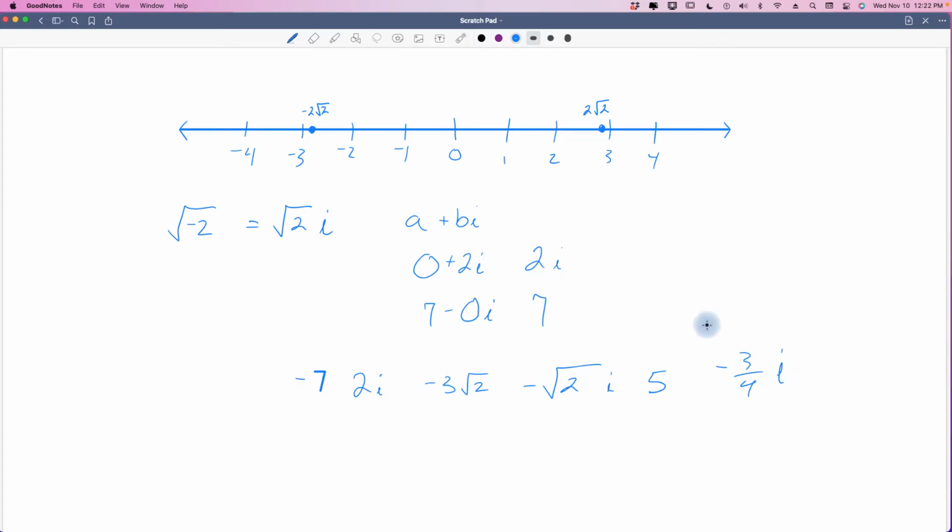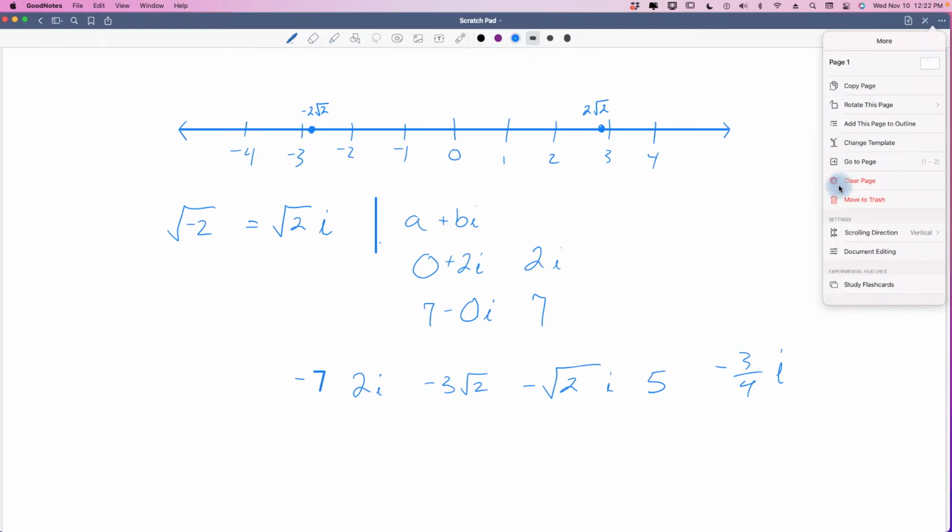Some of them have imaginary parts and some of them don't. So I'm not sure why the lesson decided to go in that direction. If it were up to me, I probably would have stopped right about here and not gone any further. But I am not the designer of the lesson. So let's move on to solving some problems using this information that we now have.